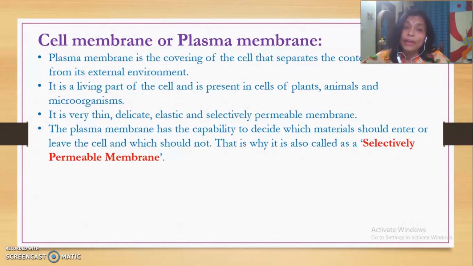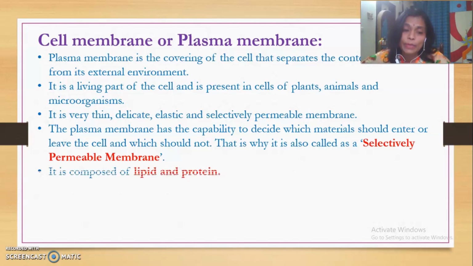If I compare it, it is just like your guard bhaiya of the school. They control who should go out of the school and who should come inside the school. They control. Just like that the cell membrane does. So remember, it is a selectively permeable membrane.